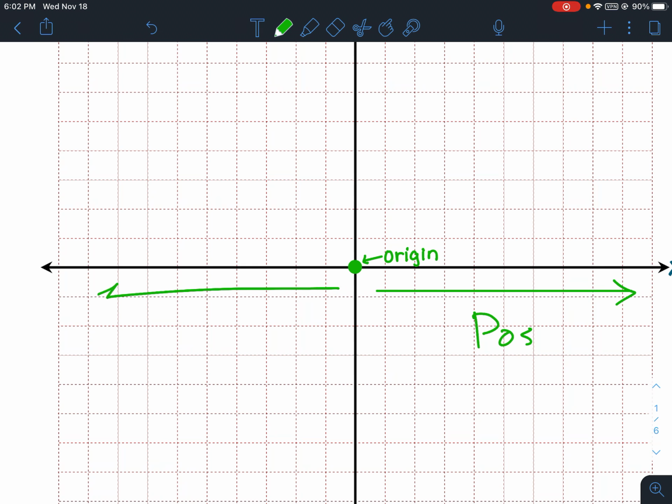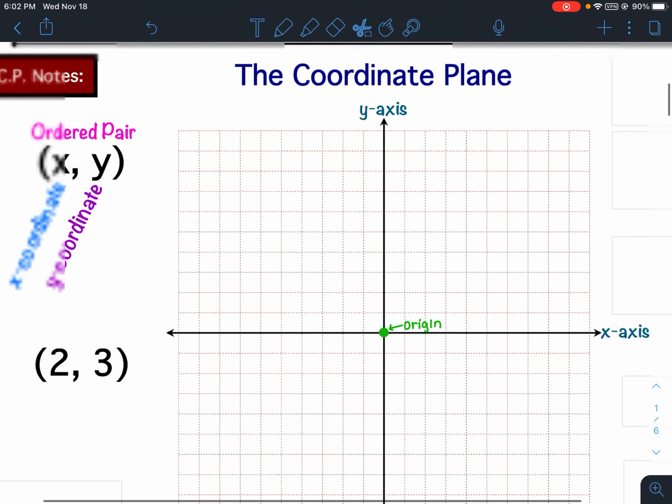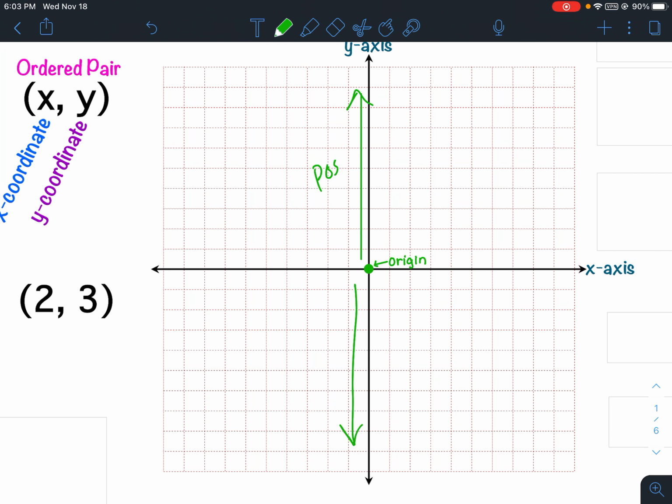Going to the left of the origin are negative numbers. So the x-axis is very similar to a number line. The y-axis, if you want to think of a weather thermometer, the numbers going upward are positive and the numbers going downward are negative. Okay, so again, the center is the origin, and the numbers going upward are positive, and the numbers going downward are negative.